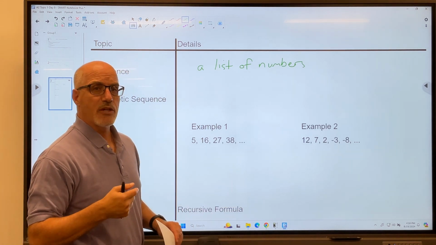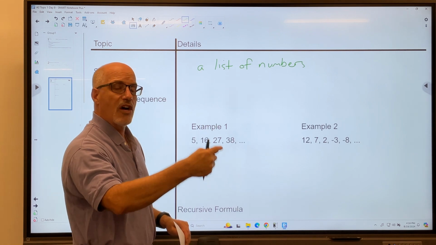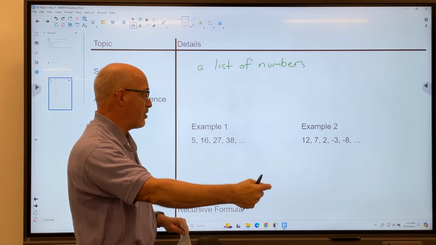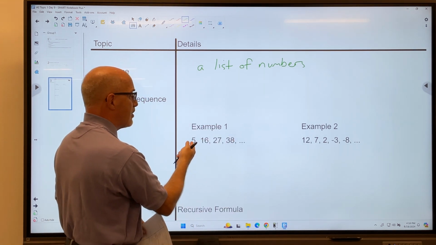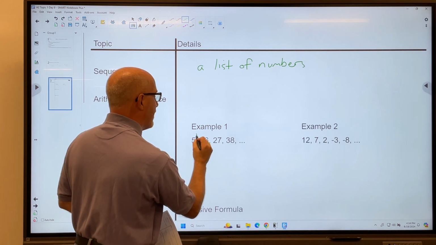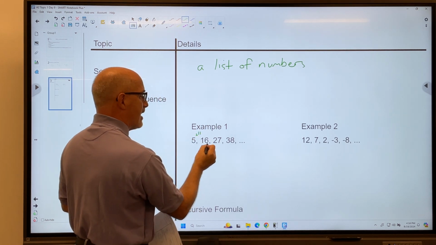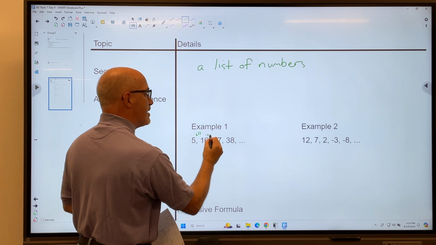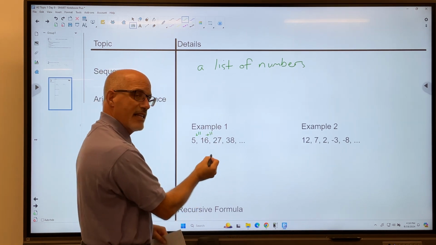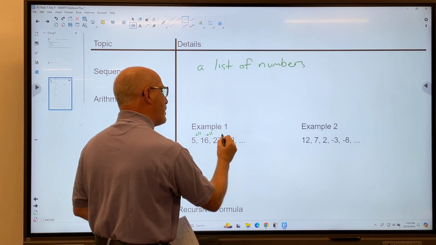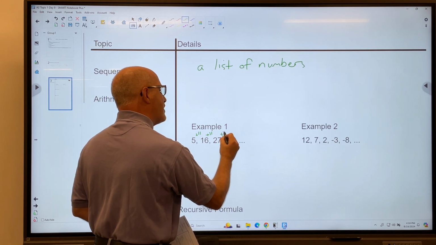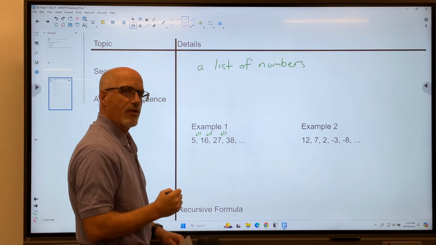An arithmetic sequence is when you add the same thing on each time to get to the next term. So as an example here, notice that we're going to be adding 11 on to get to the next term 16, and we still keep adding 11 to get to the next term 27, and then we add 11 on to get to the term 38.